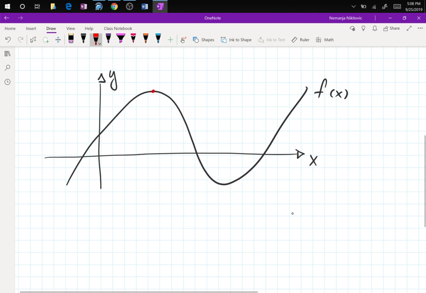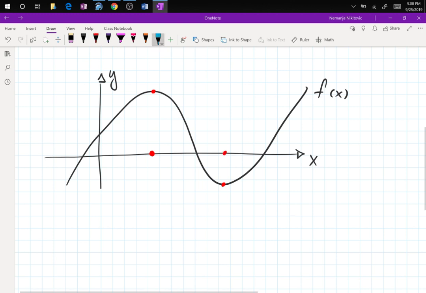So one of them is the maximum value here will give us a 0 on the derivative, and also the minimum value here will give us 0 on the derivative.